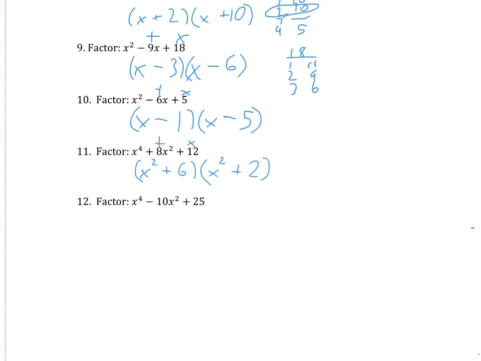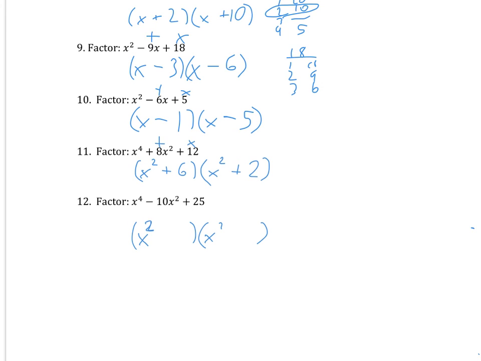Number 12, trying to factor this. Again, because of the x to the fourth power, and I hated to kind of do that to you, but I also know that the ACT and heck, the final exam for the semester might have problems like that on there, so might as well get that out in the open. Hopefully it makes sense. X squared times x squared would make the x to the fourth.